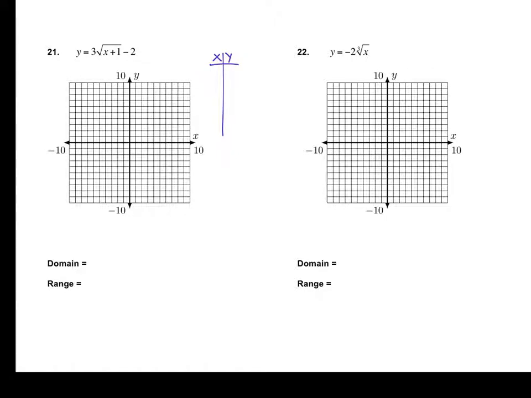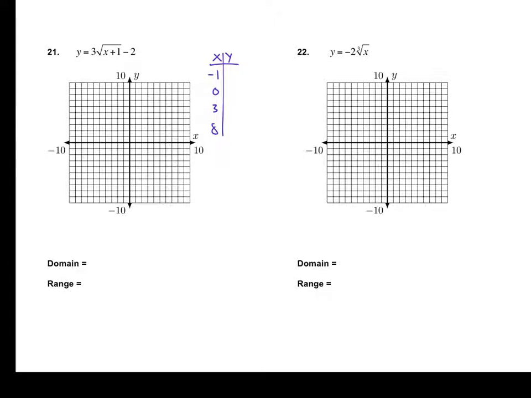Square root again. So now that we have plus 1 in there, we want 0, 1, 4, and 9. We're going to plug negative 1, 0, 3, and 8 in there.